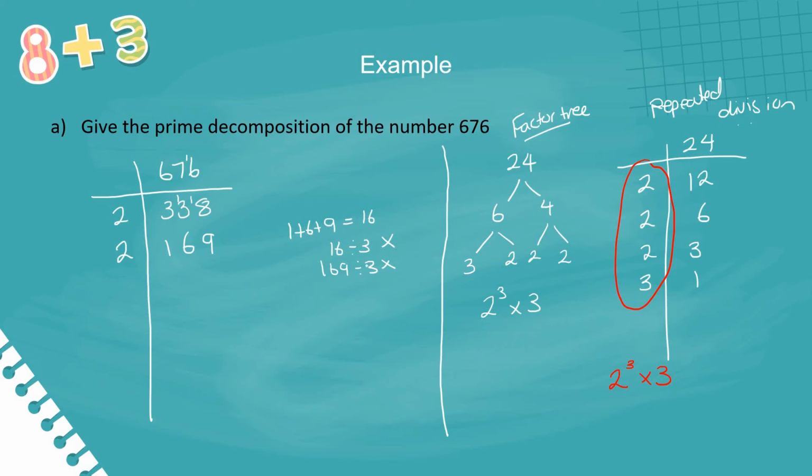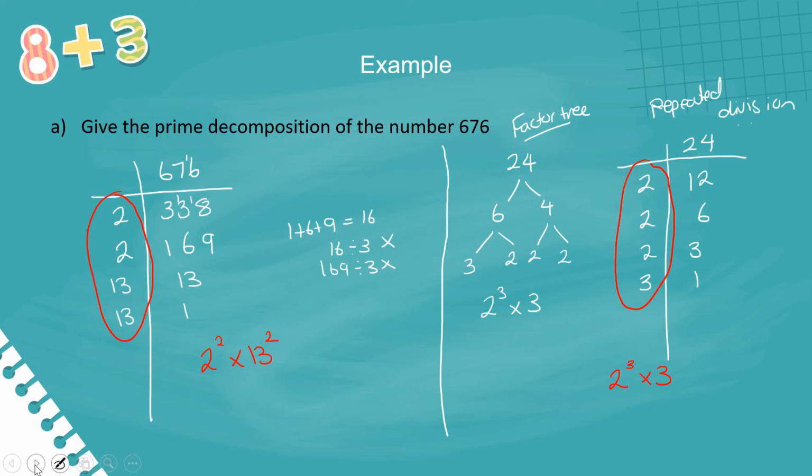This only works for dividing by 3 or by 9. But hopefully some of you might recognise 169 is a perfect square, and 13 goes into 169 13 times. 13 goes into 13 once. So I can find my prime decomposition from these numbers here: 2 squared times 13 squared.